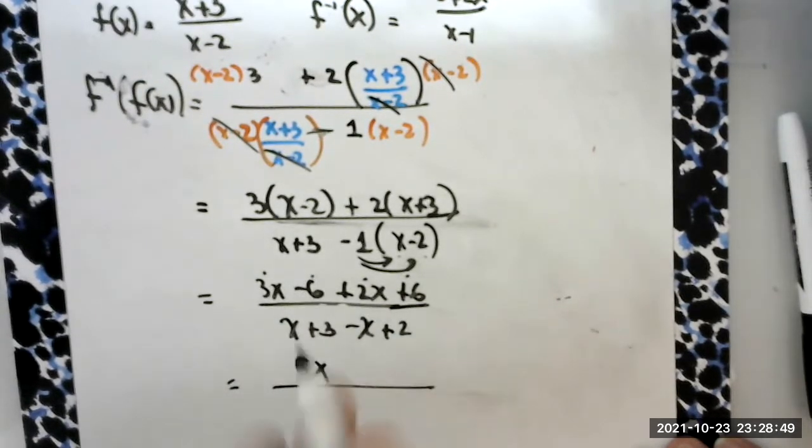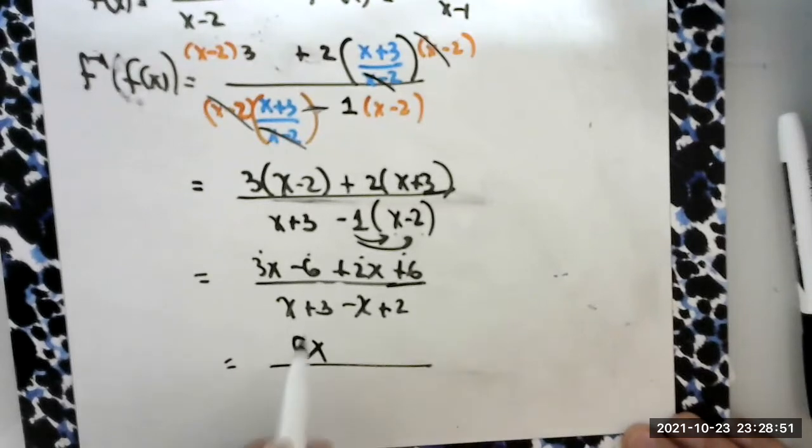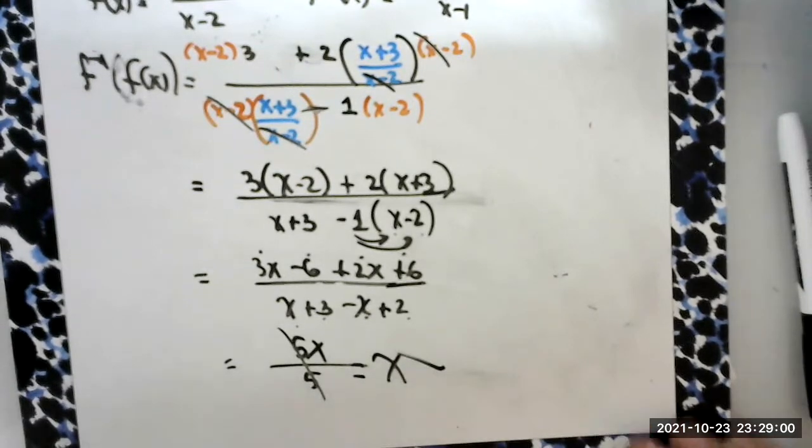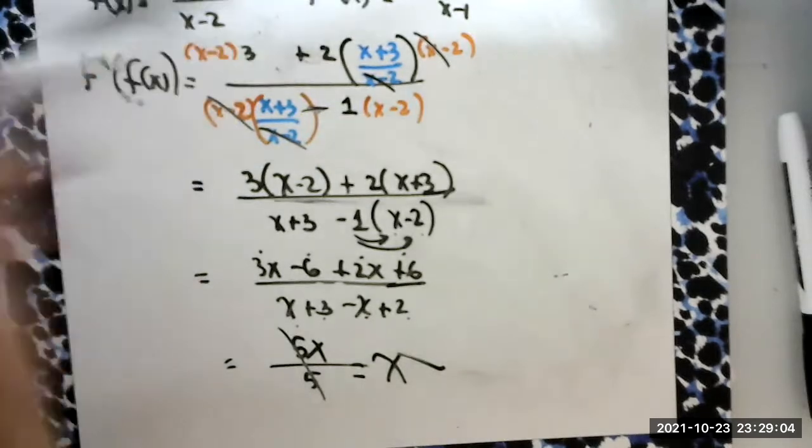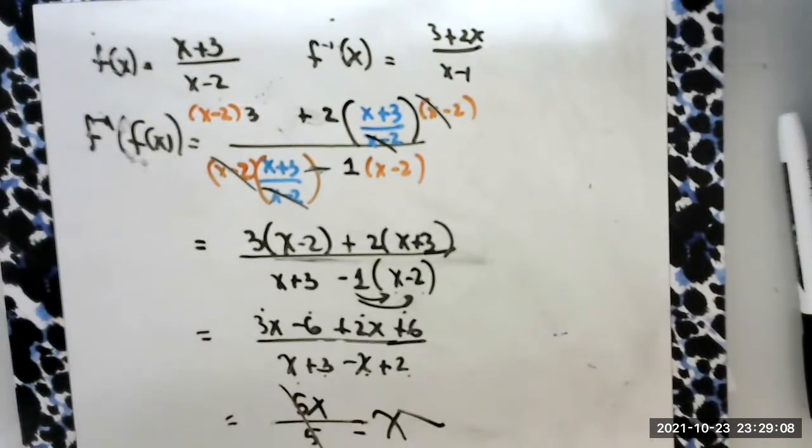Negative 6 plus 6, adios. And I have x minus x, that's 0. 3 plus 2, that is 5. Last time we checked, 5x over 5 equals x. Done. So when we did the composition both ways, the answer was always x. Therefore, indeed, the functions are inverse of one another.